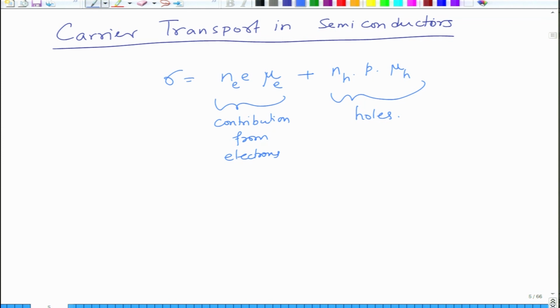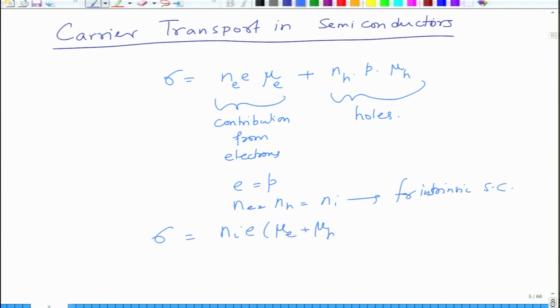Now for an intrinsic semiconductor, Ne is equal to Nh is equal to Ni, and then you can write sigma equal to Ni e (mu e plus mu h). Depending upon the relative magnitude of mu e and mu h, one of them will dominate.